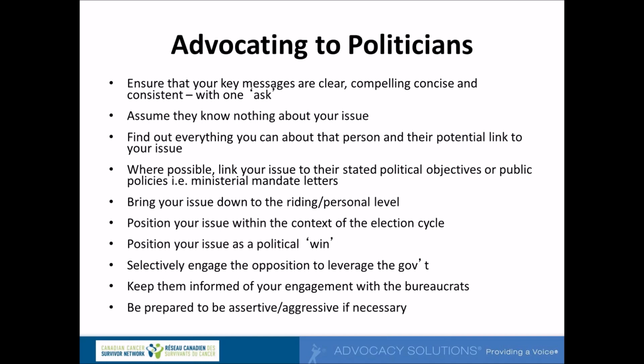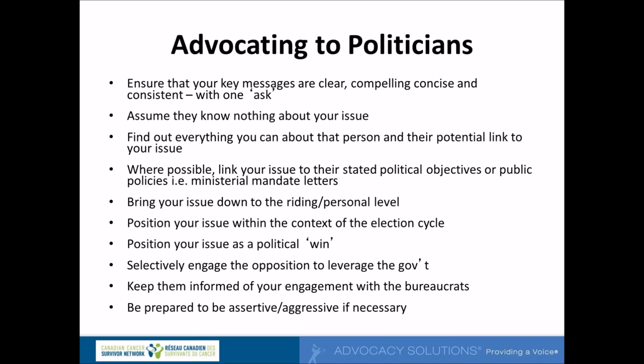You want to selectively engage the opposition, and that depends in part on where you are in the election cycle and whether there's a majority or a minority government. Keep them informed of your engagement with the bureaucrats. That's important. Finally, and this one is very different from what you'll see in a moment on the bureaucratic side, be prepared to be assertive or even aggressive if necessary.